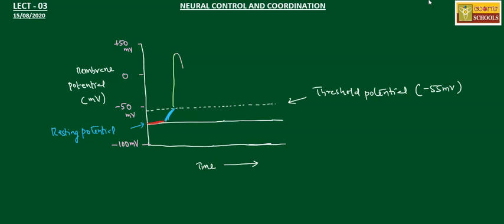So that point is the action potential, and then it comes down, and from here I'll mention another color. And then again it comes to the resting potential.